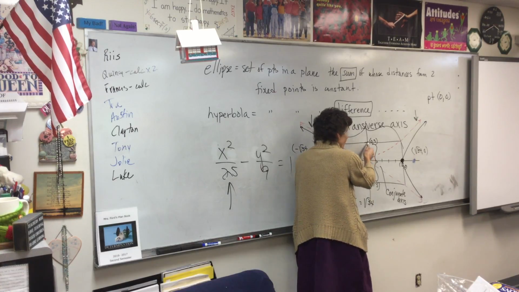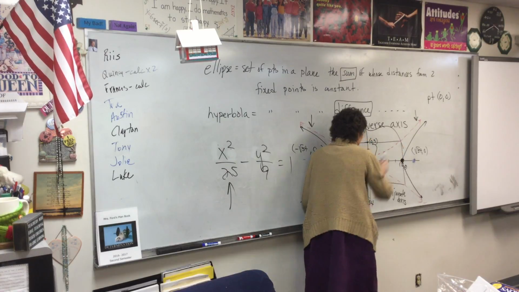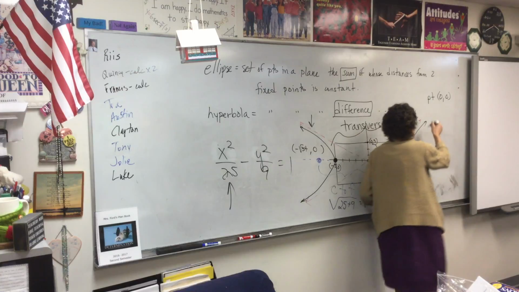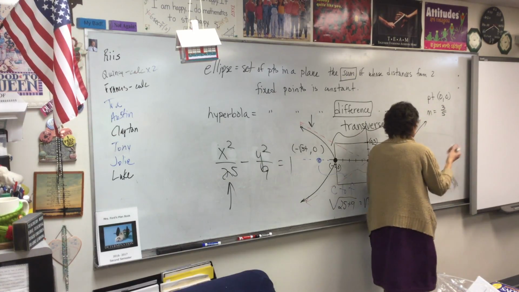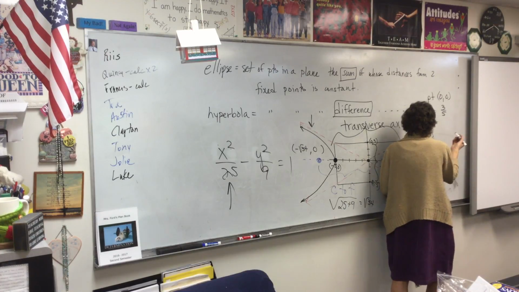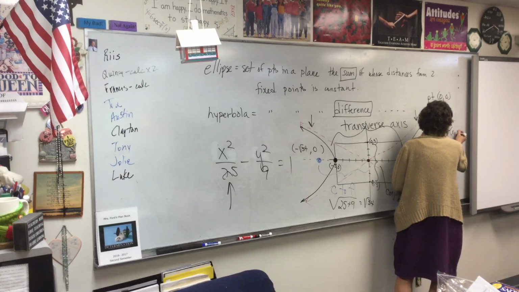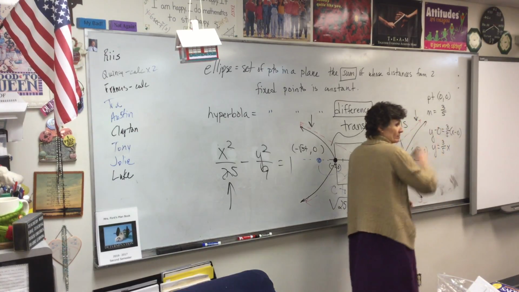So you counted up 3 and over 5. So what's the slope of that asymptote? 3/5. So now we can write our equation, however you want to do it. I'm point sloping. So y equals 3/5 x. Is that one?